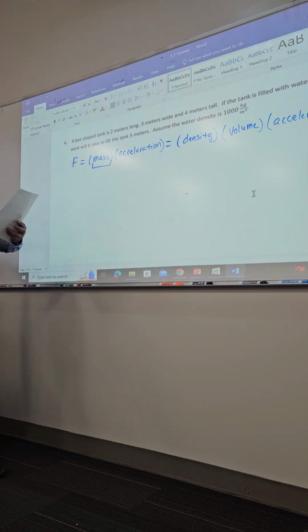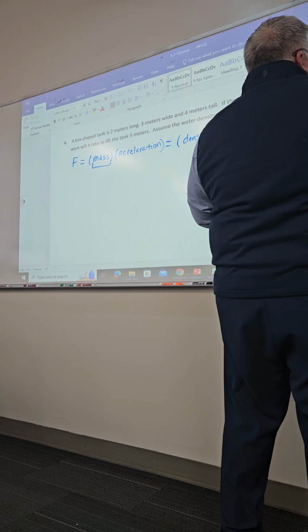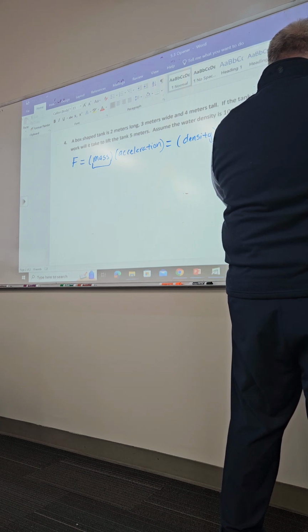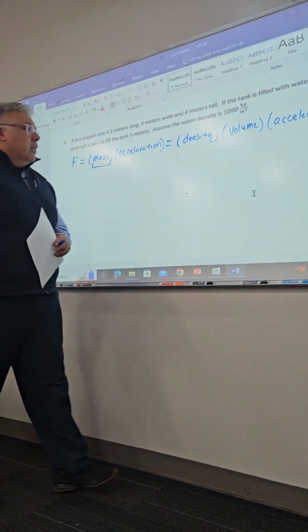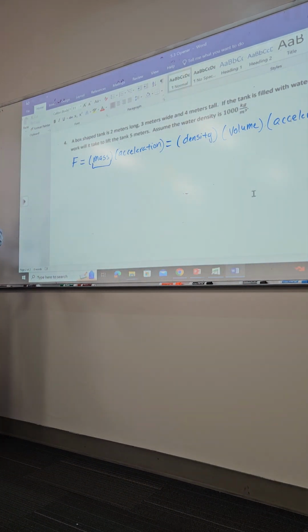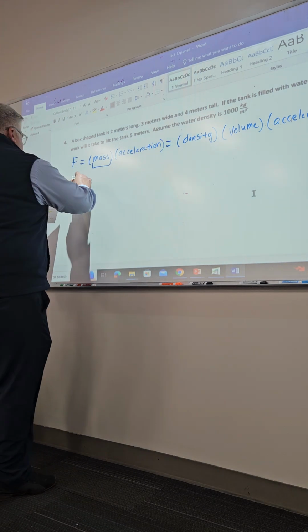All right. Now, in short, symbolically it's going to be the Greek letters rho, V, A. That's the Greek letter rho for density, okay? They use that in physics. All right, so do this math.